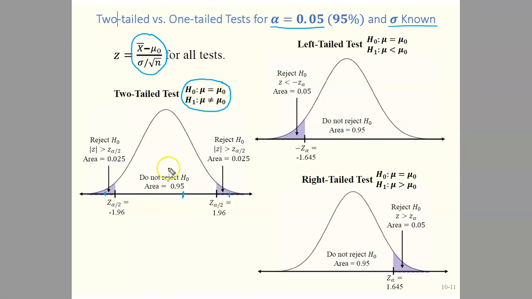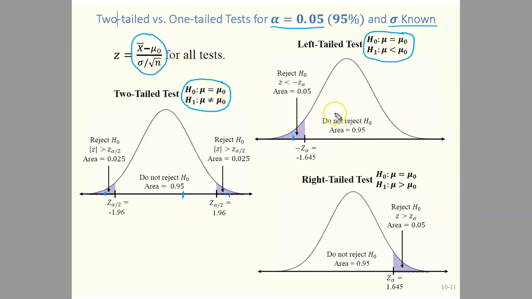For a left-tailed test, you set up a hypothesis test like this, and if your test statistic falls in this left tail right here, then you reject the null hypothesis, and you state that the data supports the claim that the mean is actually less than mu naught.